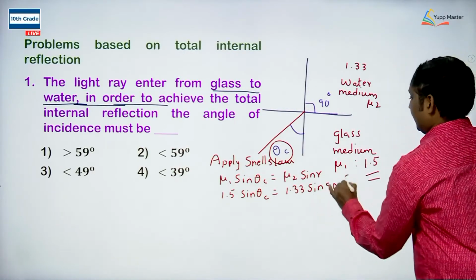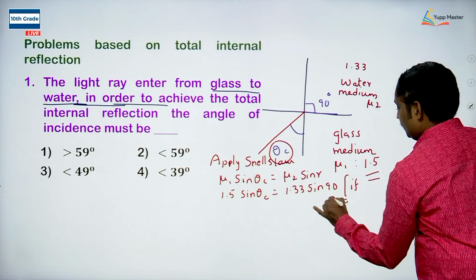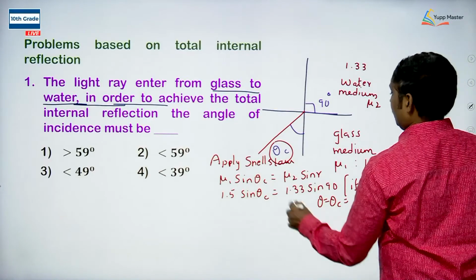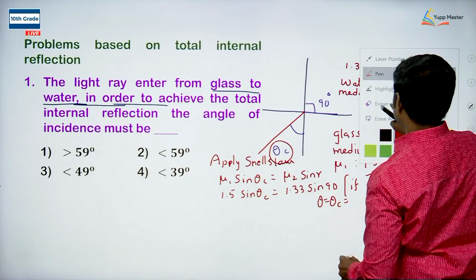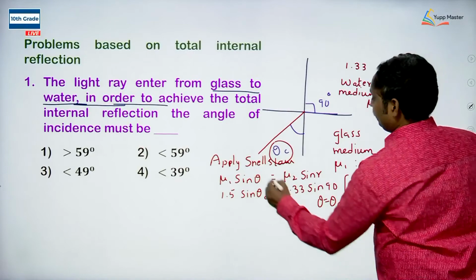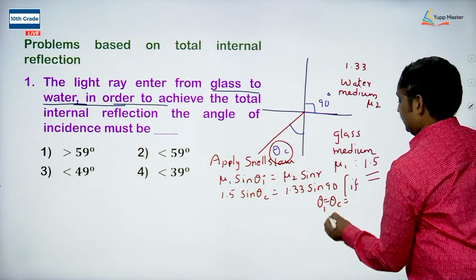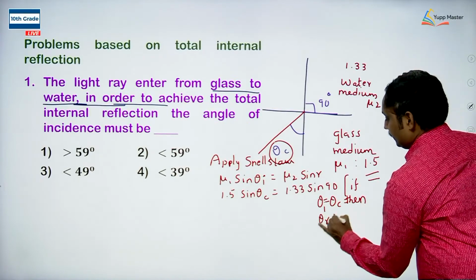Why? If theta i is equal to theta c, then theta r is equal to 90 degrees. This is the condition.